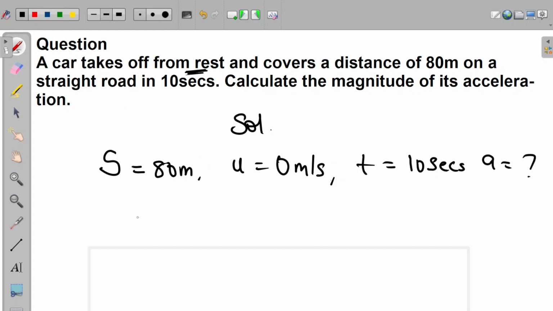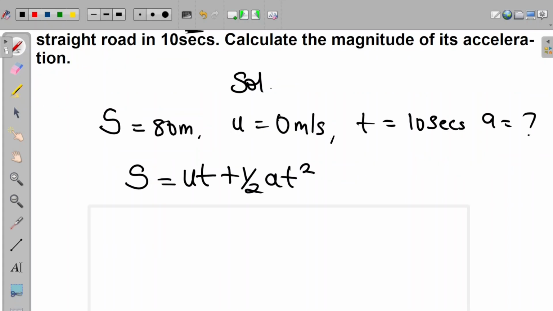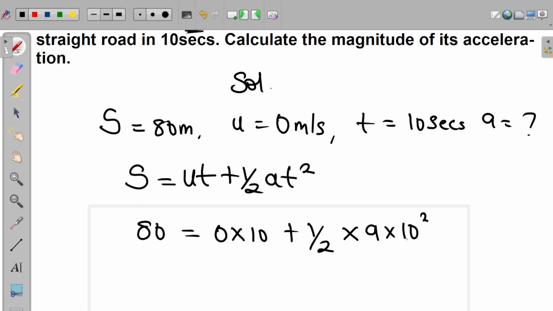So we know that the distance covered is equal to ut plus 1/2 a t squared. So at this point, we can substitute our values. So we have that 80 equals 0 times 10 plus 1 divided by 2 multiplied by acceleration times 10 squared.